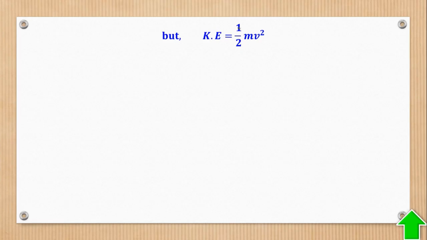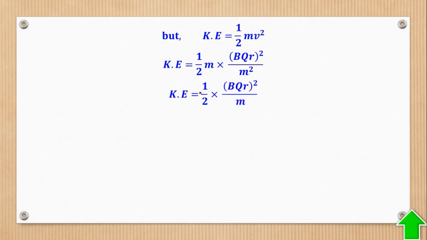But kinetic energy is equal to a half mv squared. Therefore, substitute for V, which you got in the previous slide. And remember that this now here and this cancels, remain with only one M. Okay.